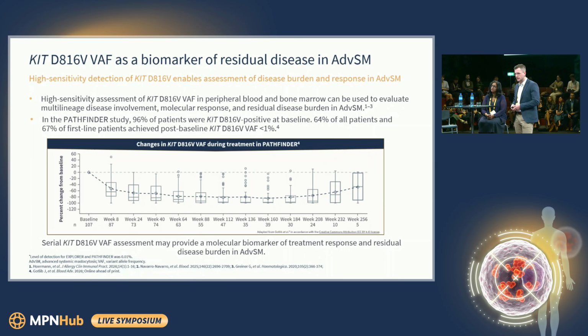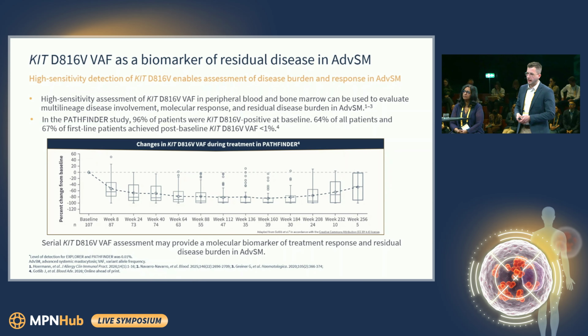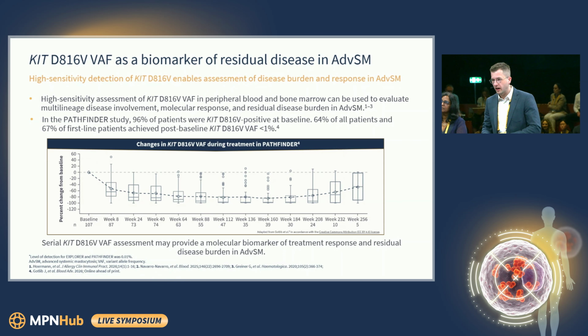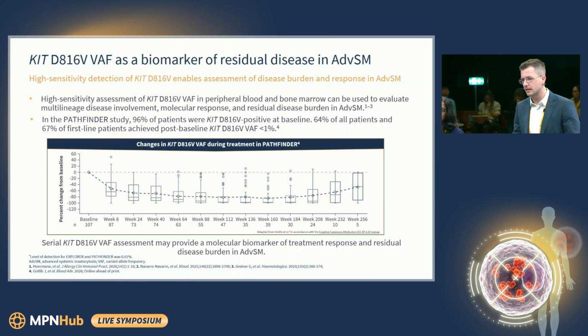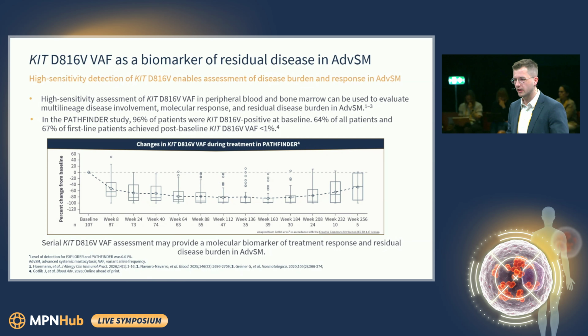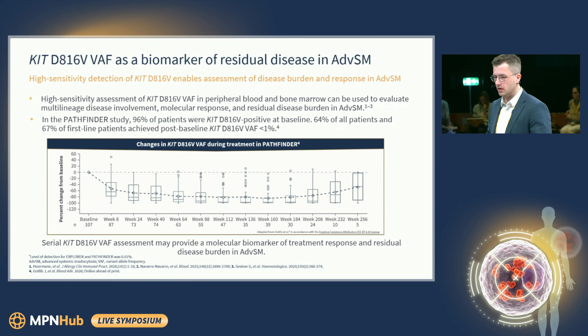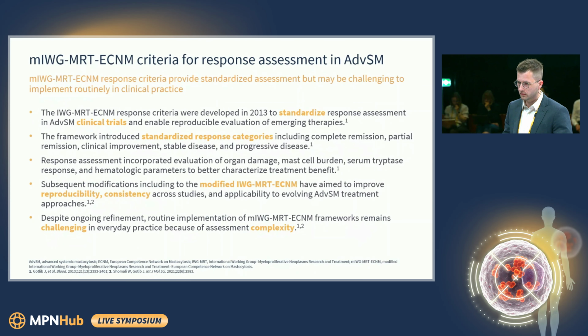And you can see that 96% of patients were KIT D816V positive at baseline, and avapritinib rendered KIT D816V VAF to below 1% in 64% of all patients and in 67% of first-line treated patients, really showing how effective specific KIT D816V targeting can be, and also that serial measurements of KIT D816V can help us to measure the disease burden during the treatment course.